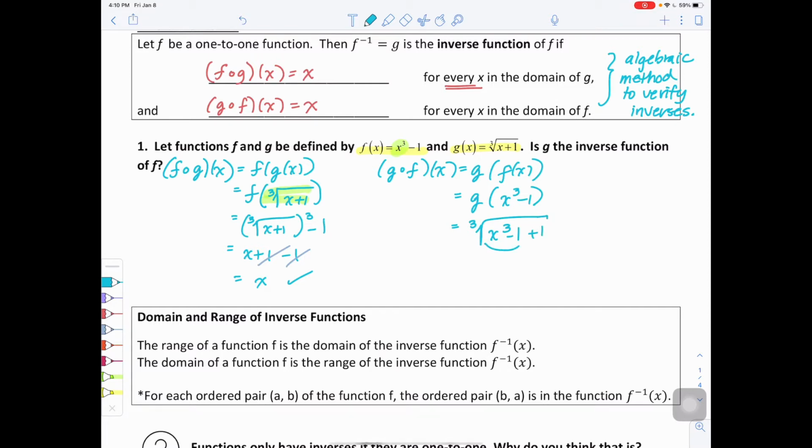This is our x, and then we have our plus 1. That's just equal to the cube root of x cubed, which is equal to x. Check. Therefore, g is the inverse of f, and likewise, f is the inverse of g. They are inverses of each other.